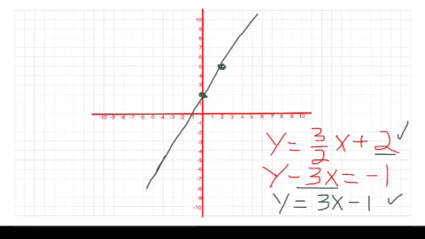And then I'm going to do the same thing with the second equation. I'm going to go down to negative 1, which is my y-intercept, and then I have a slope of 3 this time. So I'm going to go up 3 and over 1, which is about right there. And I'm going to draw a line through there.